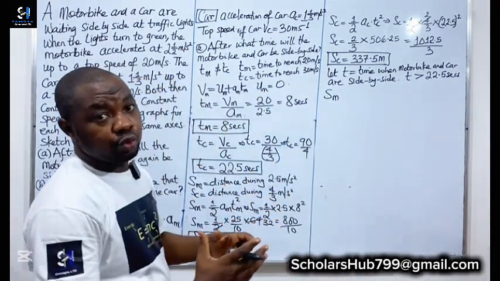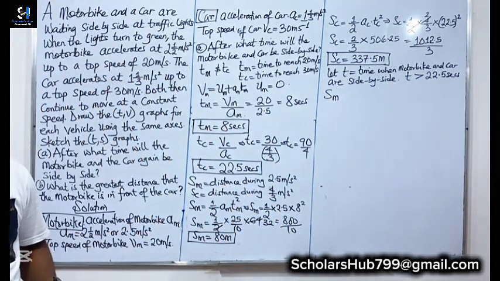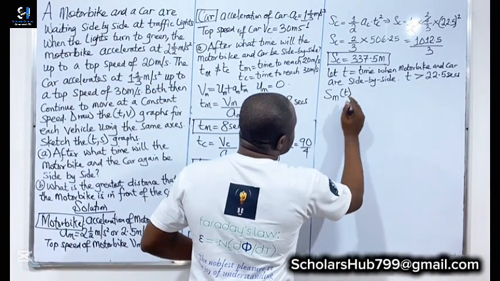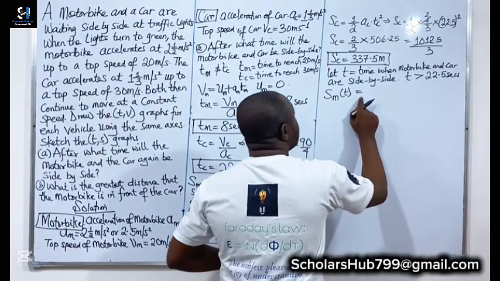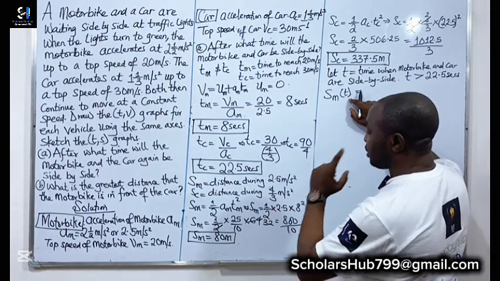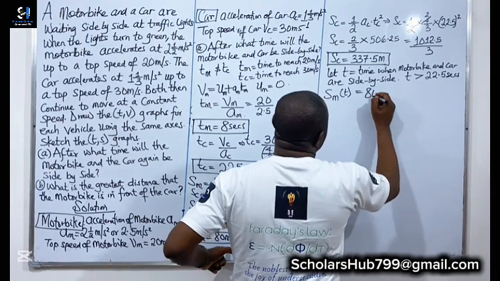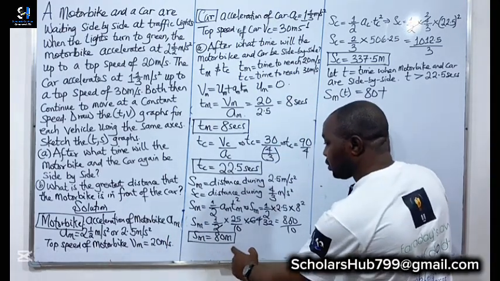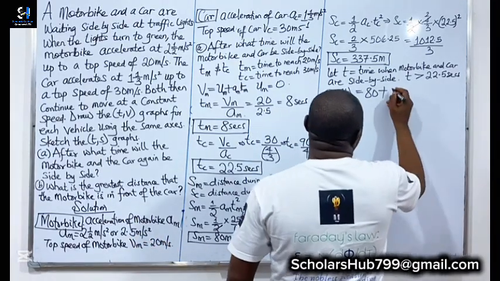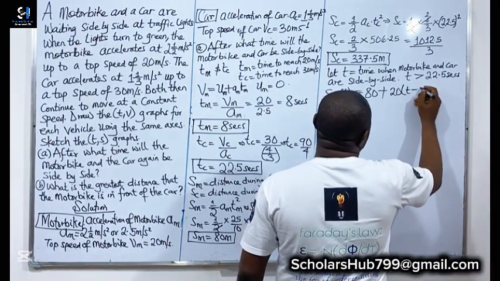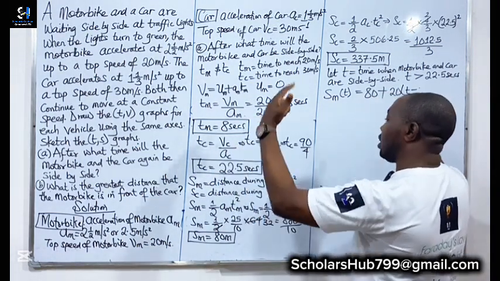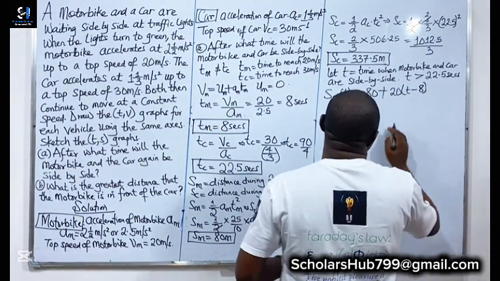I'm going to model an equation for the distance traveled by the motorbike and that of the car. The distance in time T will be equal to the initial distance, which is 80, plus the velocity of the motorbike, that is 20, times T minus the time it takes the motor car to reach its top speed, that will be 8.